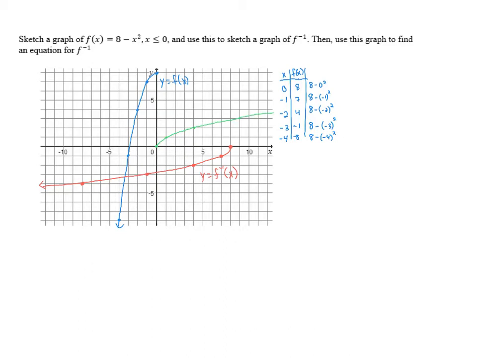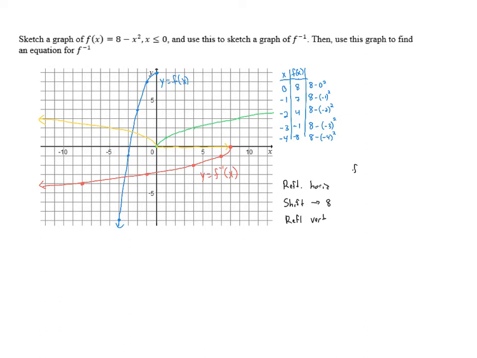But what has happened is it looks like it has been reflected horizontally and then shifted to the right 8 units and then reflected vertically. So we've got a lot going on here. Reflected horizontally and then shifted to the right 8 units and then reflected vertically.